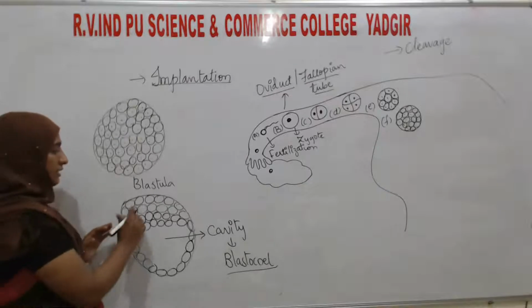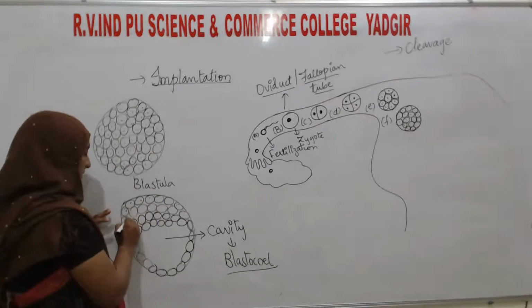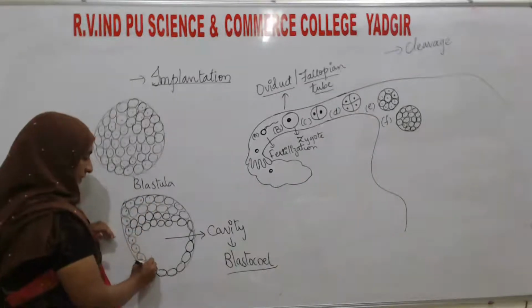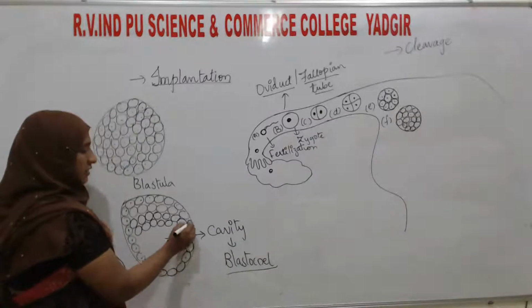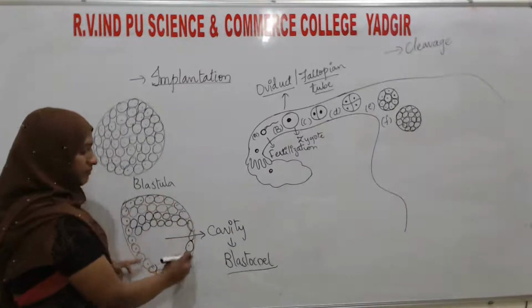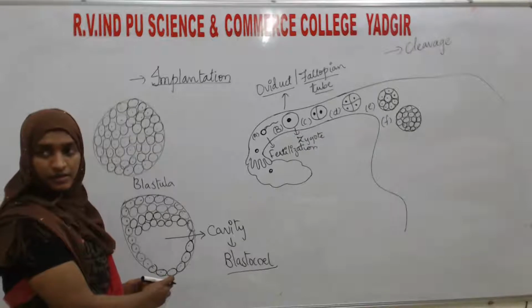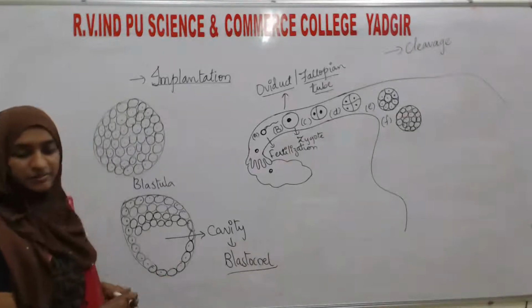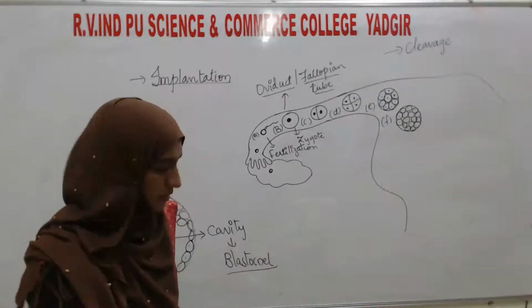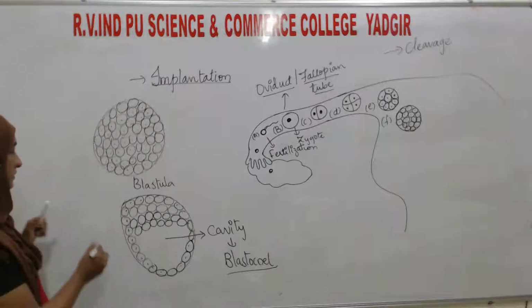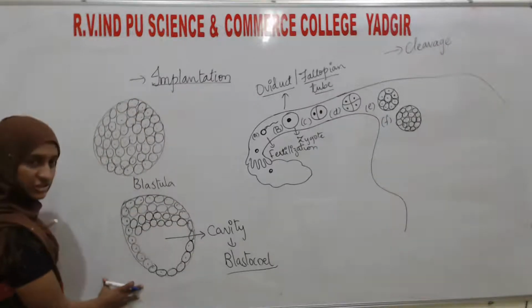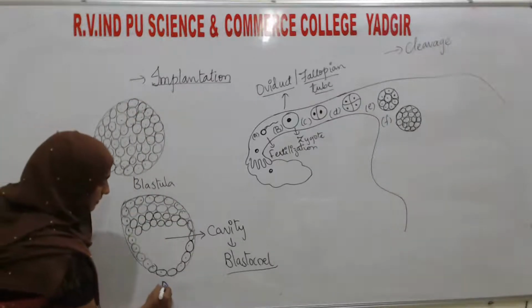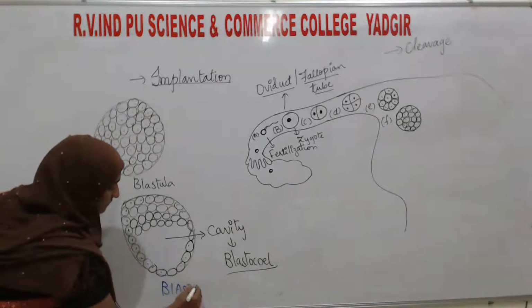Then some cells will become flattened and they will arrange themselves at the peripheral layer of the blastula. Otherwise, I will show with a different color. This particular structure we can call the blastocyst.